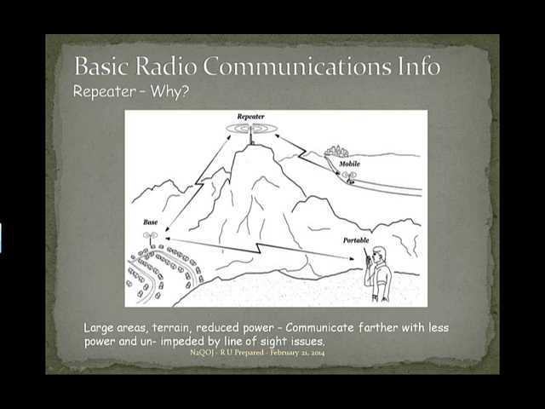It allows you to operate in much larger areas, what we call RF footprints. It mitigates the problems of any obstructions that might be in the line of sight between the two users. And that's exactly what would be used here. The end result is that a repeater allows us to communicate much farther with less power and unimpeded by line of sight issues.